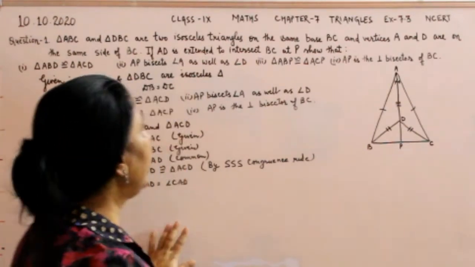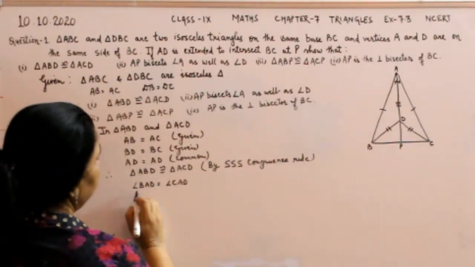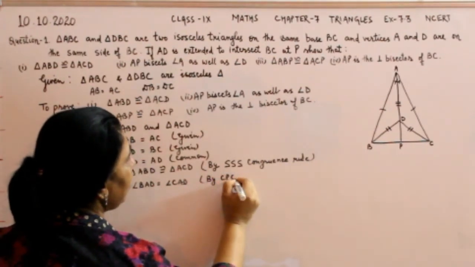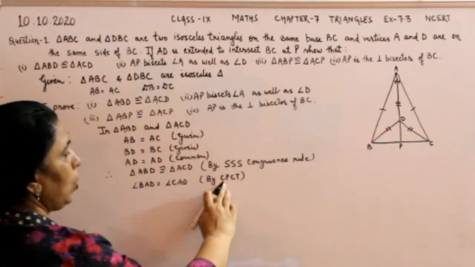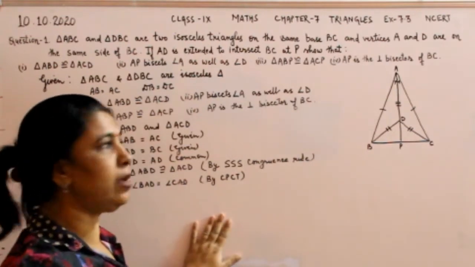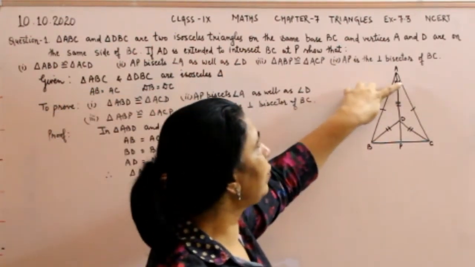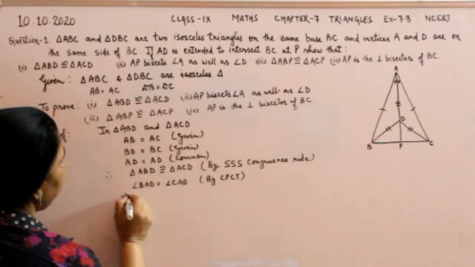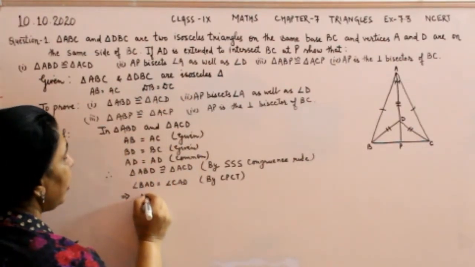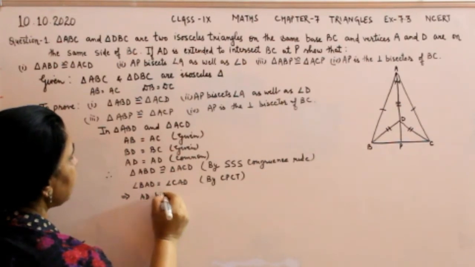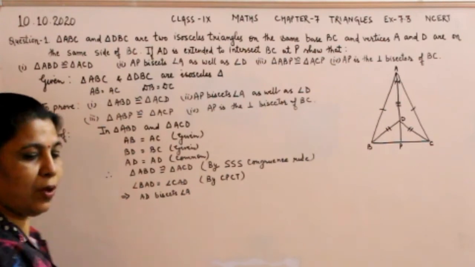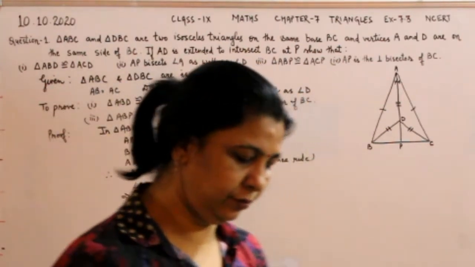Yes or no? Yes, ma'am. So these two are equal by CPCT, corresponding parts of congruent triangles. And if this angle is equal to this angle, that means AD bisects angle A.